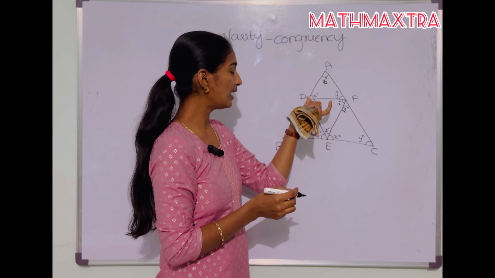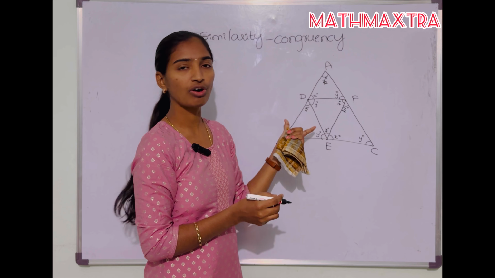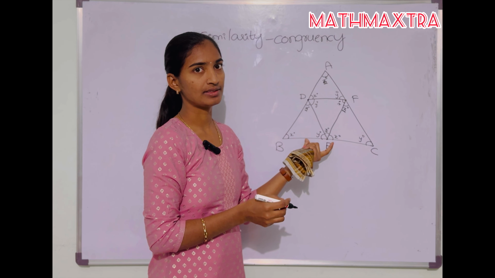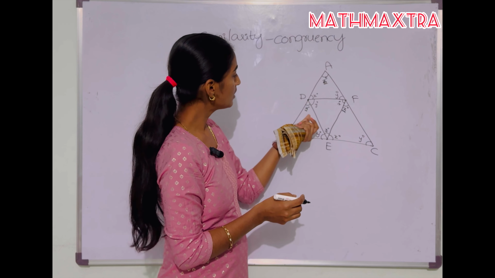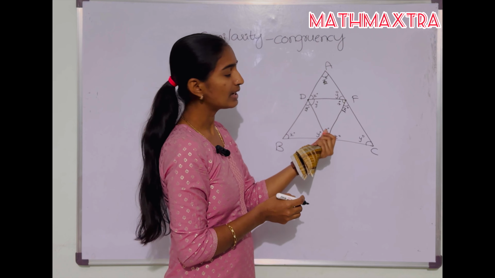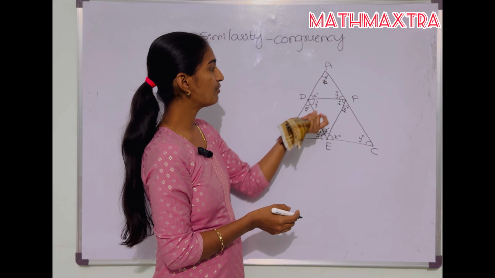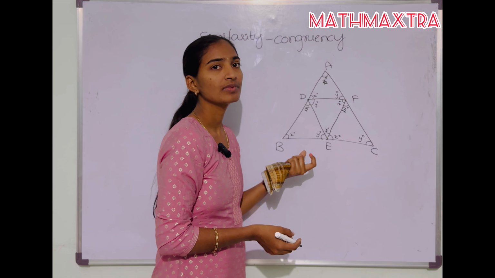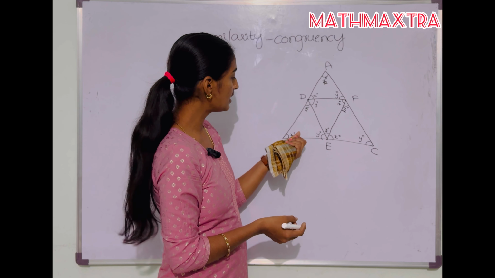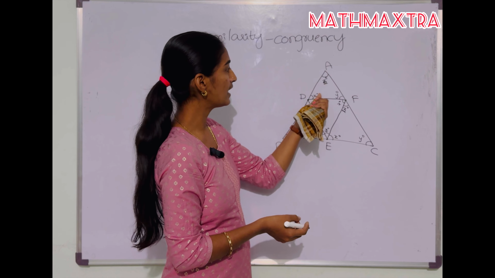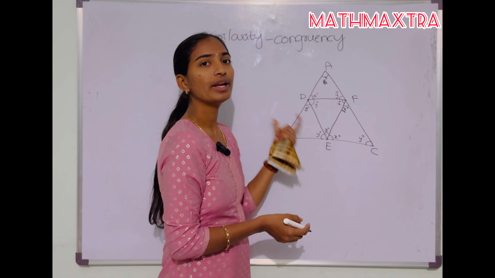By joining the three midpoints of the sides, we have formed four triangles. All the angles in the four triangles are equal, by the angle, angle, angle axiom. All angles are equal: x, y, z in each. So these four triangles are congruent to each other.